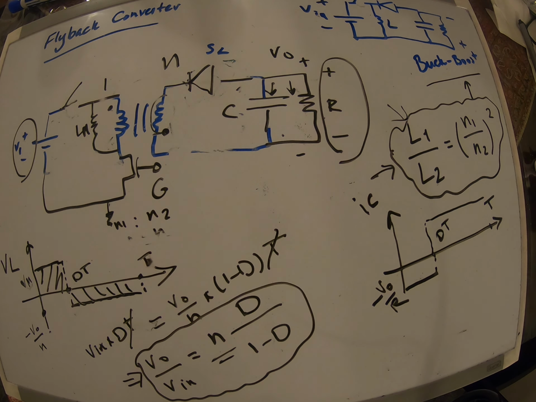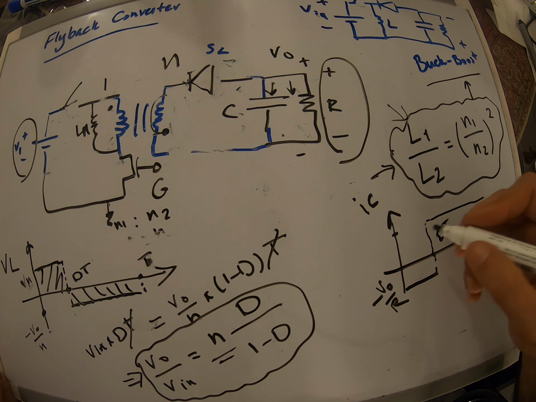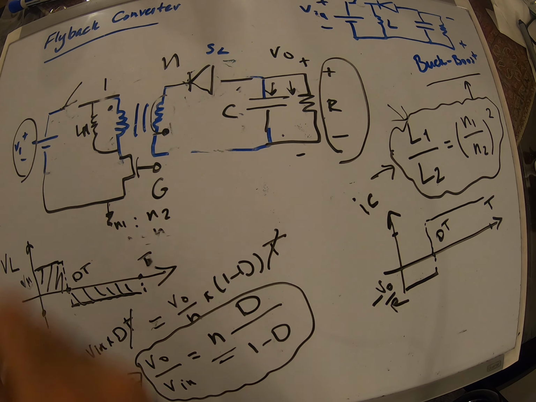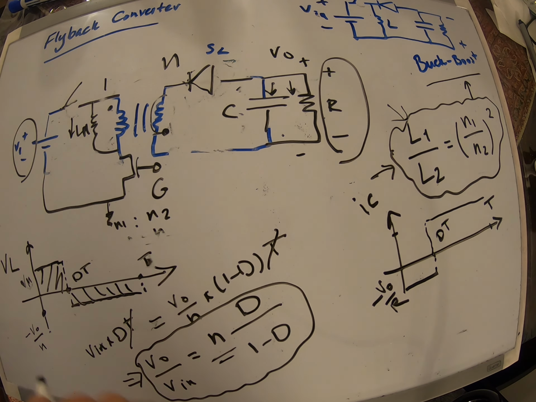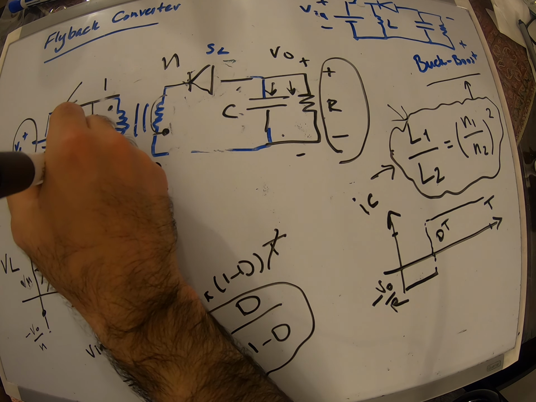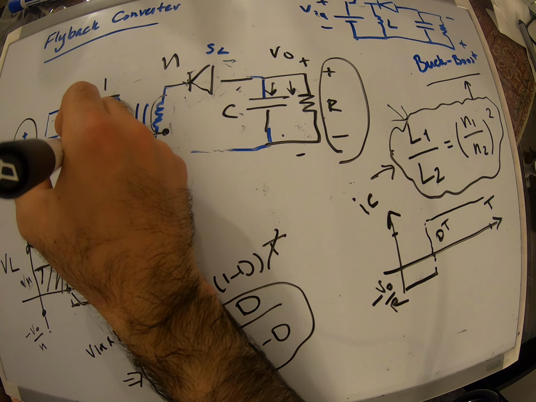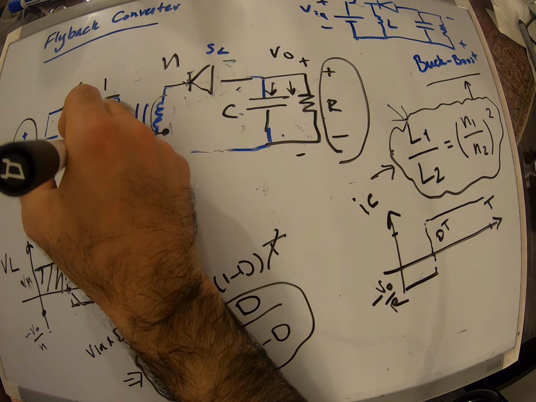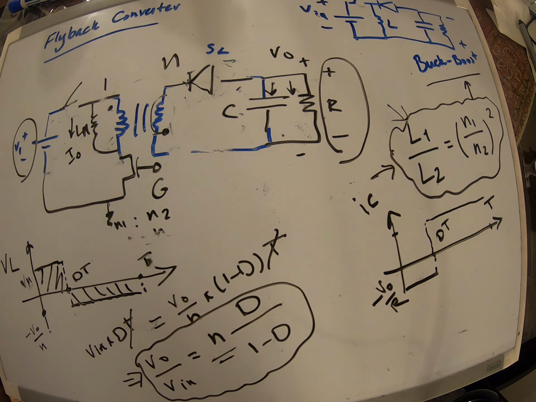what we have here is going to be the DC component of the magnetic current. So the current that went through here, right? Let's call it IM. That's going to actually be IO.